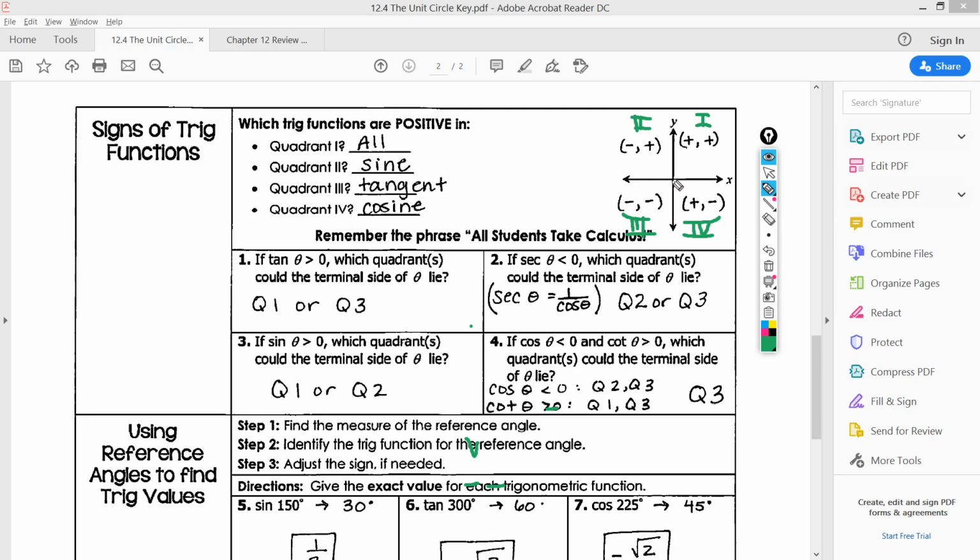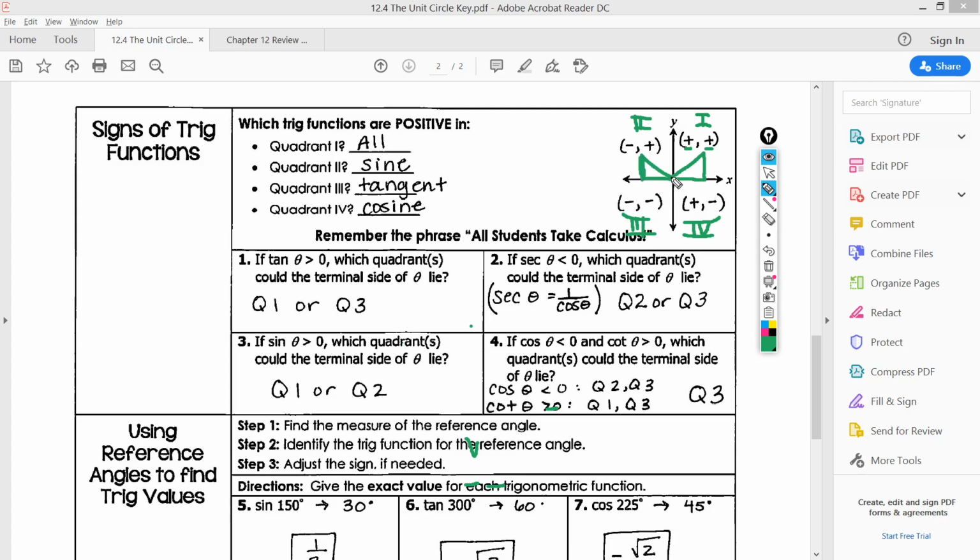And here's what you have to remember, okay? If you've got a triangle anywhere in quadrant 1, my x component is positive, and my y component is positive. So these are both going to be positive. If I have a triangle in quadrant 2, my x component is negative. My y component is positive.